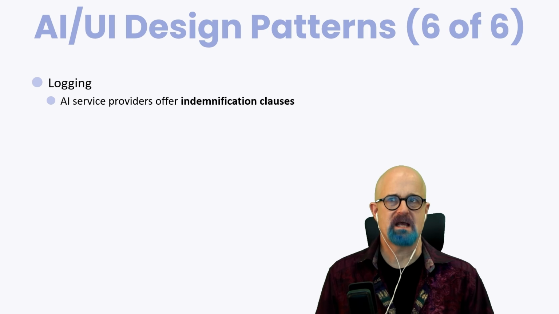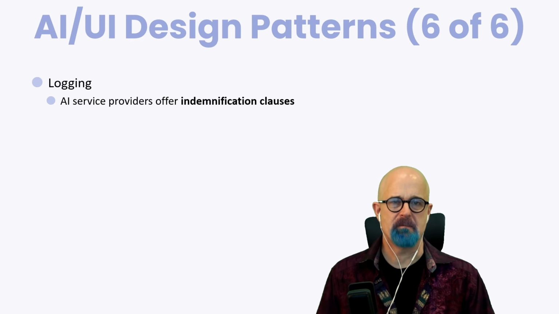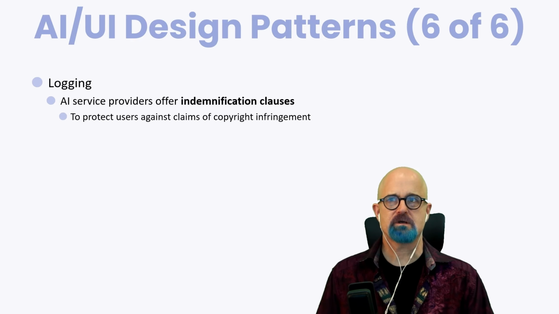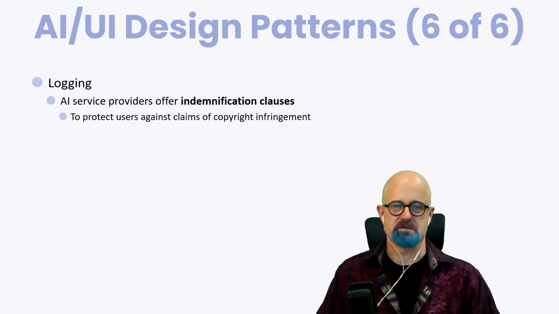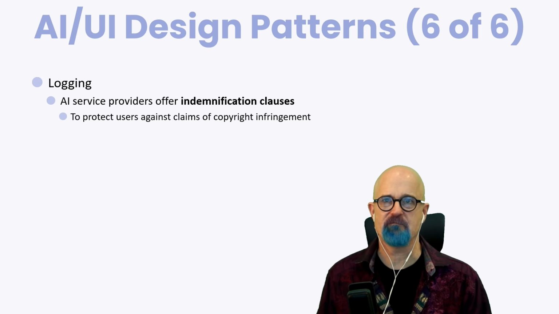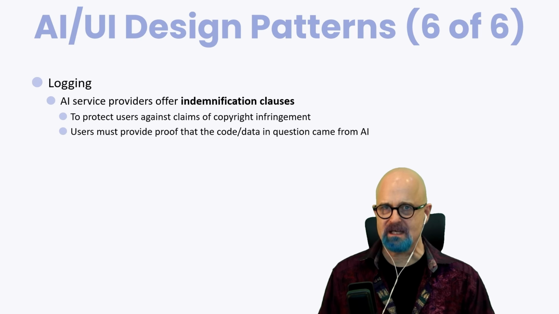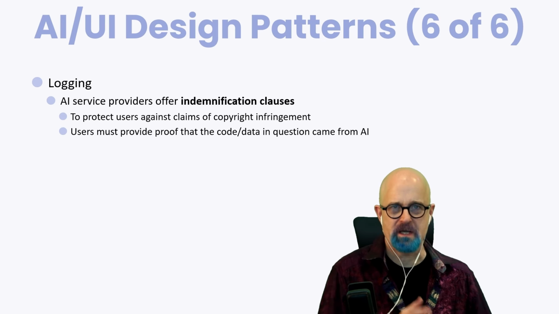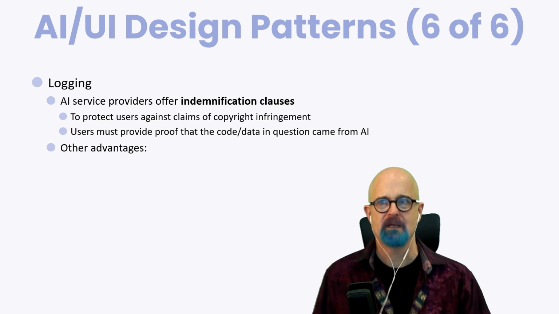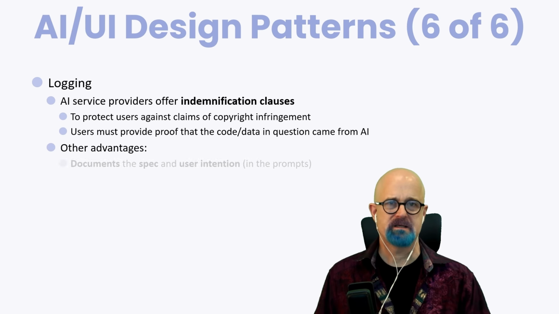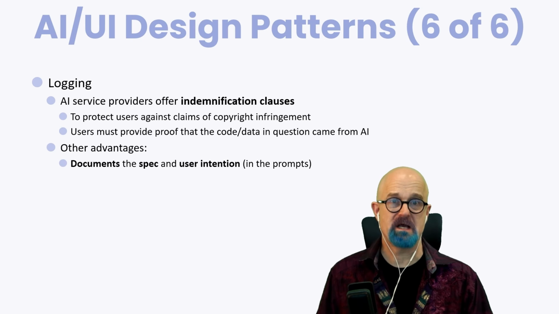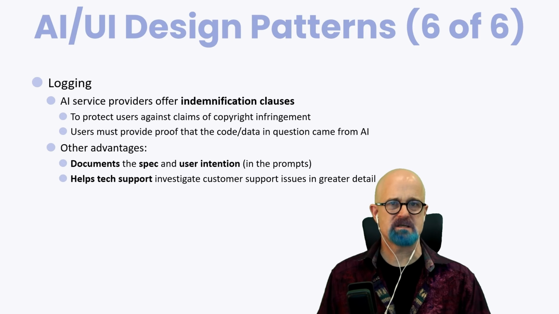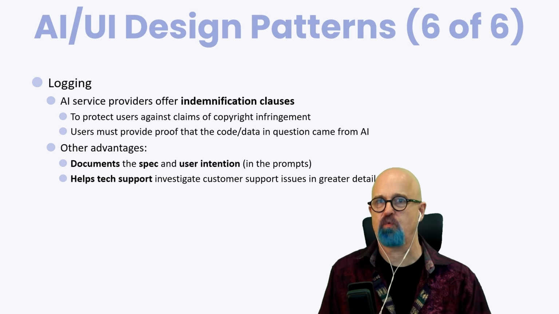Logging is important because AI service providers offer indemnification clauses. Those clauses are there to protect users against claims of copyright infringement. In order to be protected, the users must provide proof that the code or data in question came from the AI. Other advantages to logging: it documents the spec and the user intention in the prompts. It helps tech support investigate customer issues in greater detail.